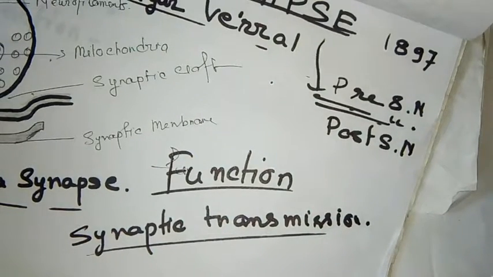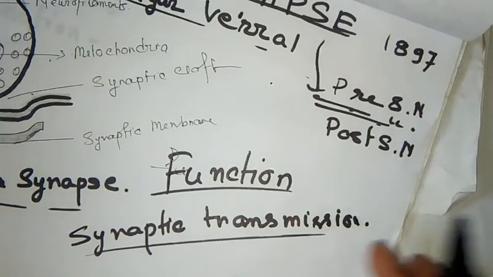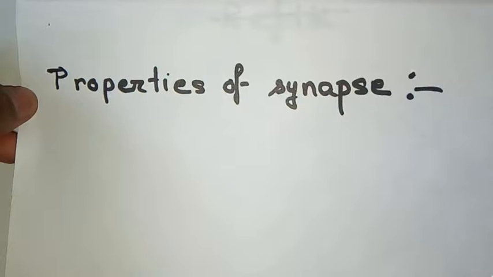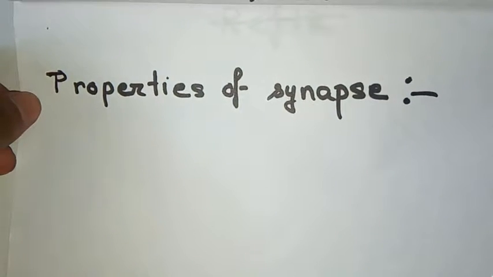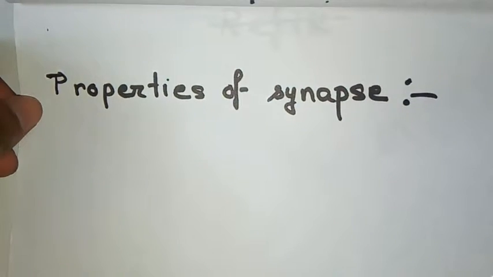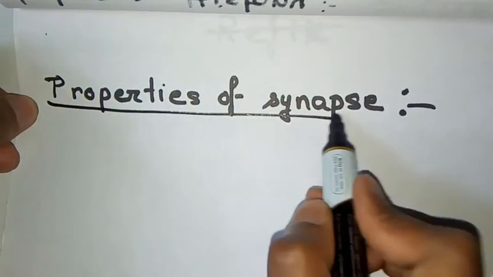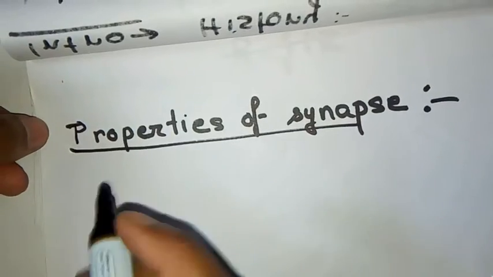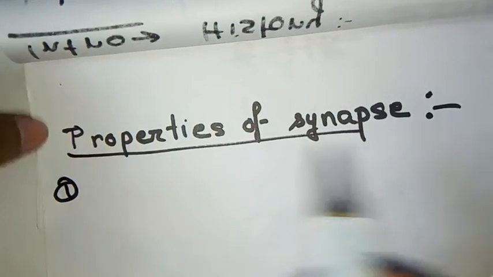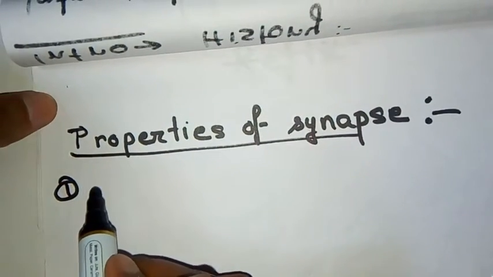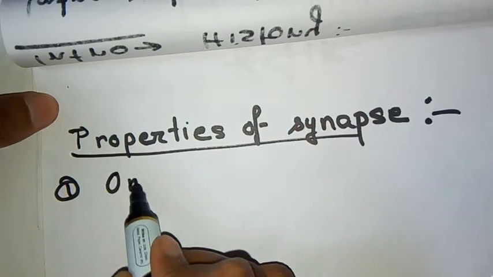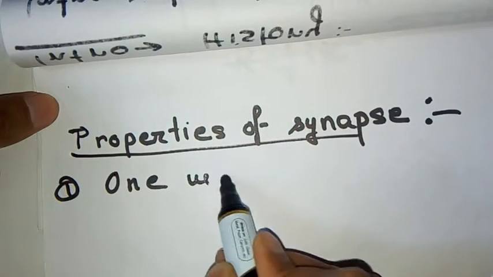Now we'll talk about the properties of synapse. Number one is one-way conduction.